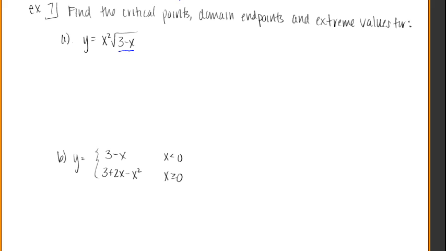But because of this whole radical part in here, our domain's been limited. So remember, you can only take a square root of positive numbers. And so, just our normal rules, it says 3 minus x, whatever's under the radical, has to be greater than or equal to 0. So this is saying 3 is greater than or equal to x, or in our sense, our domain is anything from -infinity up to 3, and we can actually include 3.